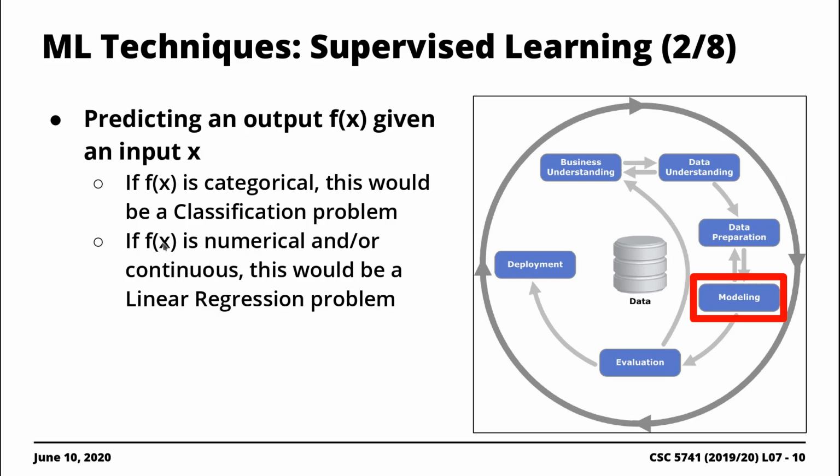If your f(x), or the y, is a numeric value, or if it's a continuous value, then that would be a regression type problem, a linear regression in this case, right? So you notice here, supervised learning can be further subcategorized into classification and linear regression, or regression, right? And the fundamental difference being that in this case, what you're predicting is a continuous numeric value, and in this case, what you're predicting is a categorical value, right?